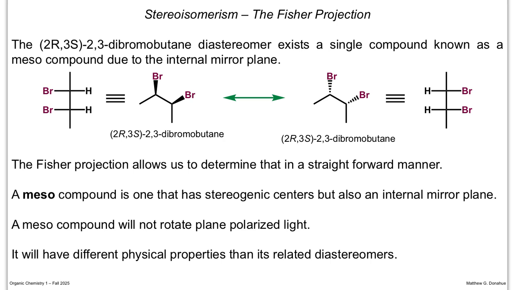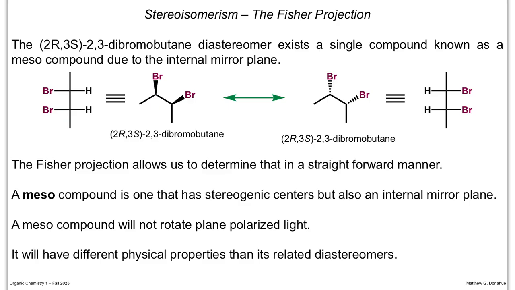And so if we rotate, I'm going to rotate like this. So now that's the Fischer projection, bromines, hydrogens, and then your methyl groups. So the Fischer projection allows you to see a little bit easier that this is a meso compound, because the mirror plane is orthogonal to C2, C3.